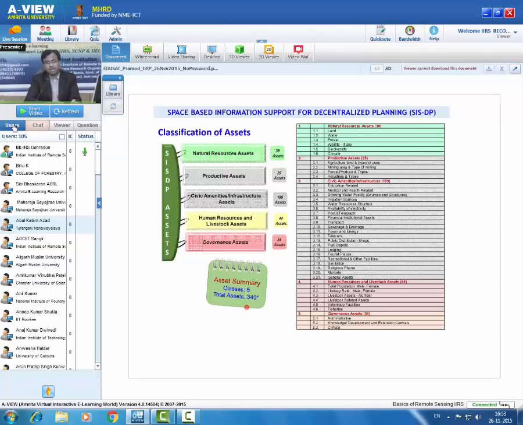Total 340 kinds of assets are being generated. Now you may understand this is a very exhaustive exercise. This cannot be done in isolation. So it's a program which is ongoing across the country in partnership with various state remote sensing application centers and other centers in the country.